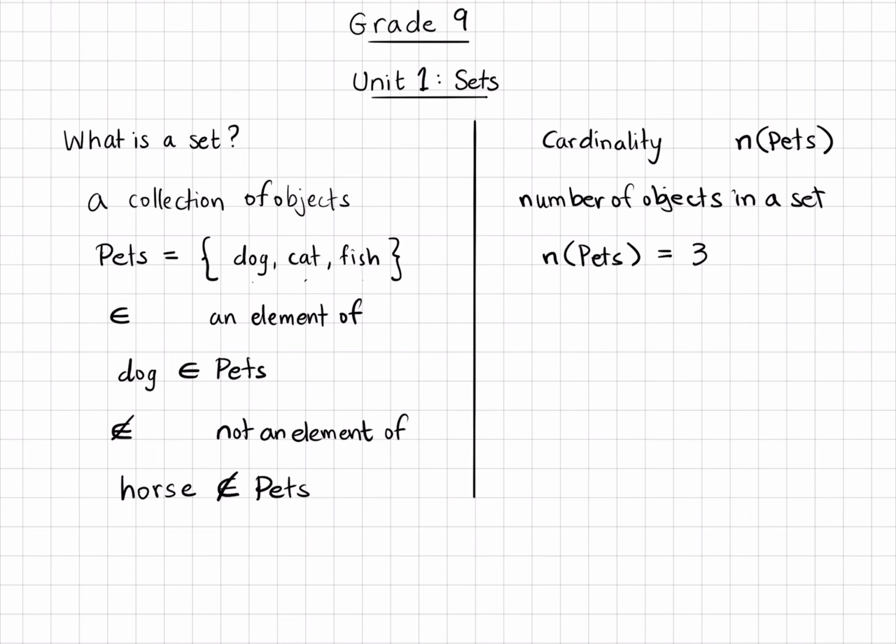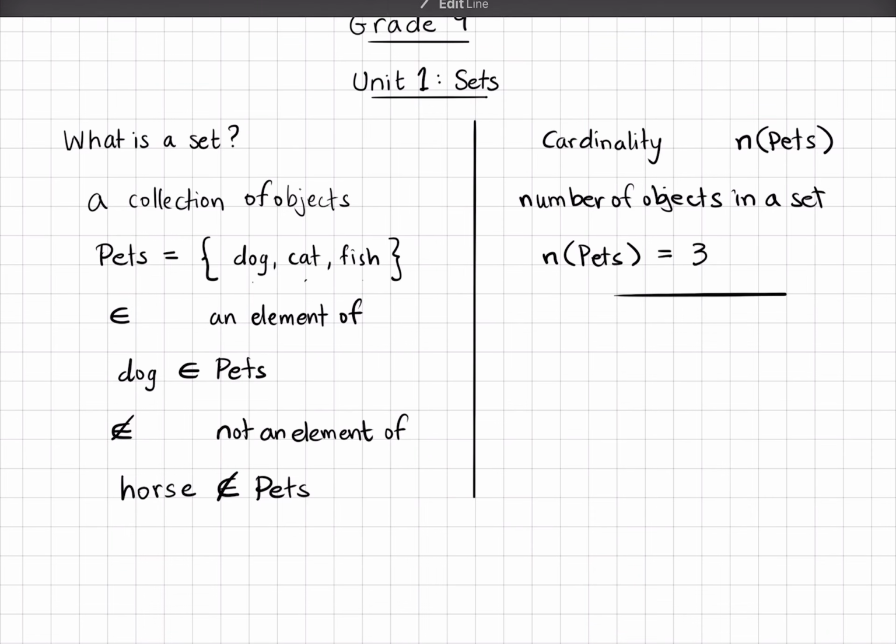The last thing I want to talk about in this video, I'm going to keep it short, is some common number sets. For most of this unit, we're not going to be talking about pets or objects in the real world. We're going to be talking about sets that contain numbers. The most common sets of numbers I want you to think about right now.